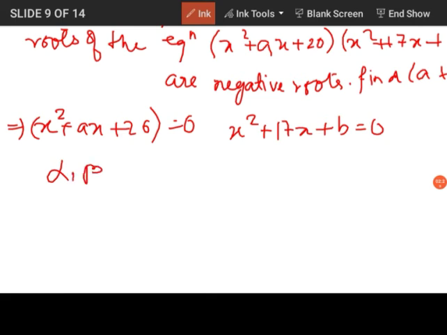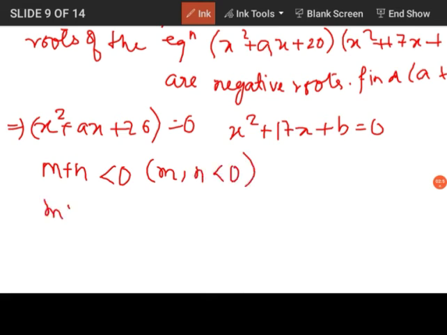Generalize it, say k1 and k2, or m and n. m plus n will be less than 0 for m and n less than 0, and mn will be greater than 0 for the same condition.